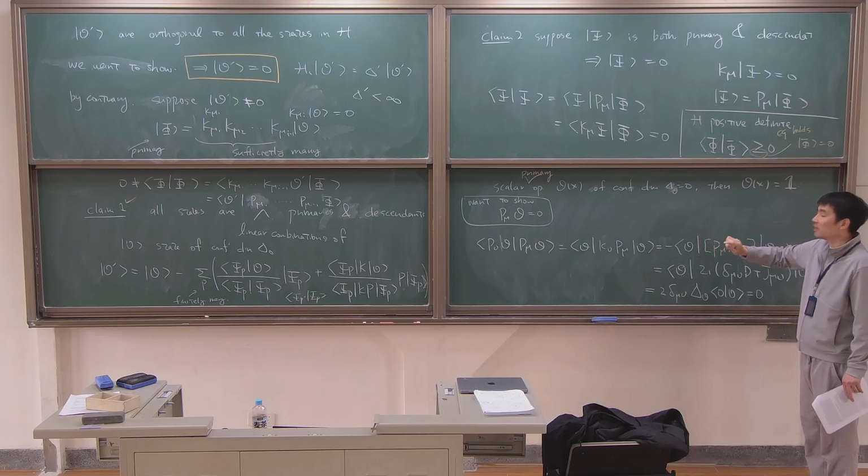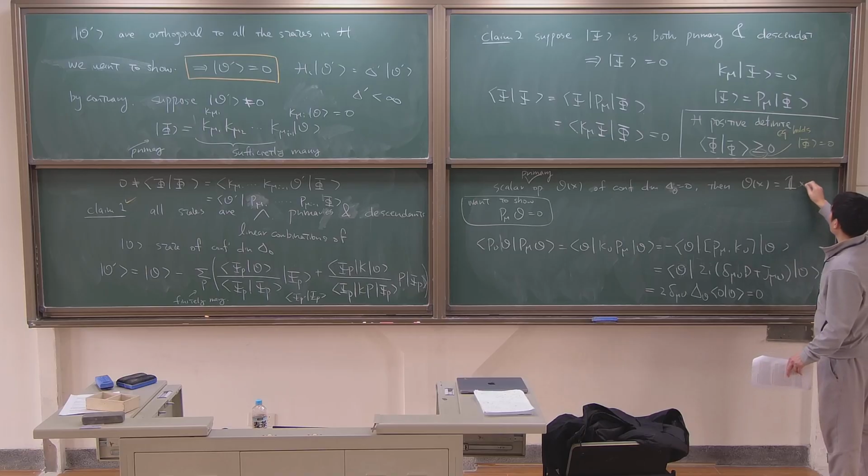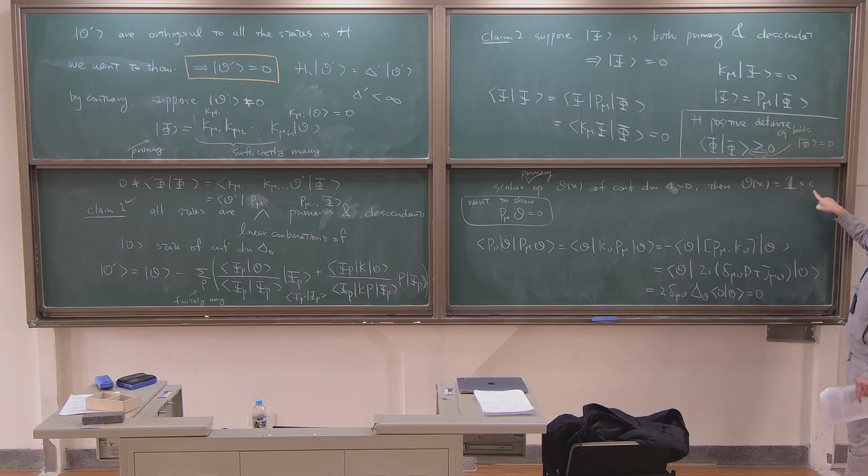It has to be the identity operator times some number C. You can always scale an operator by a number, so it's just the identity operator after scalar multiplication.